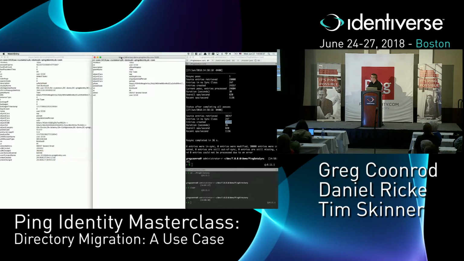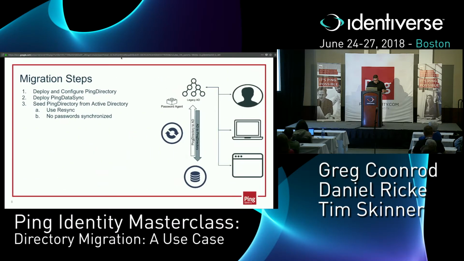There would have to be a modification on their side if you're using the password sync agent, or as you'll see later, the pass-through authentication plugin. All right, so we've finished our bulk import, and we can turn on real-time sync and begin synchronizing those user modifications. So let's go ahead and do that.